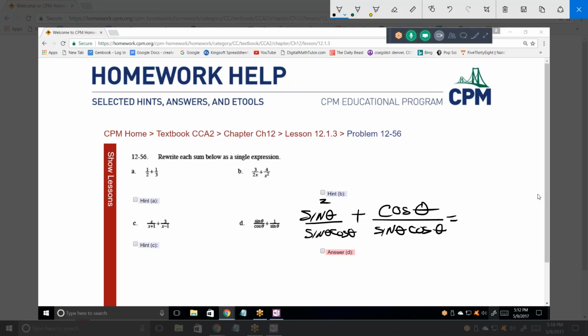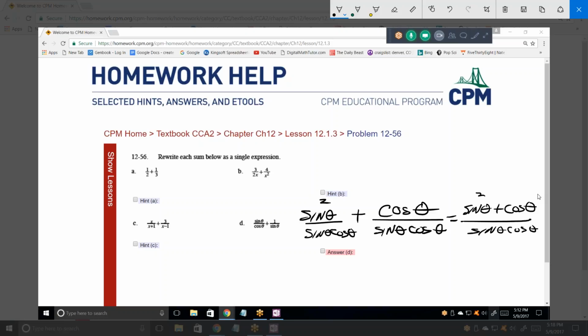Let's see, that gives you sine, now hold on. Yeah, that gives you sine over cosine, which is what we have, and that gives you 1 over sine. Okay, so now we have sine squared of theta plus cosine theta, all divided by sine theta times cosine theta.